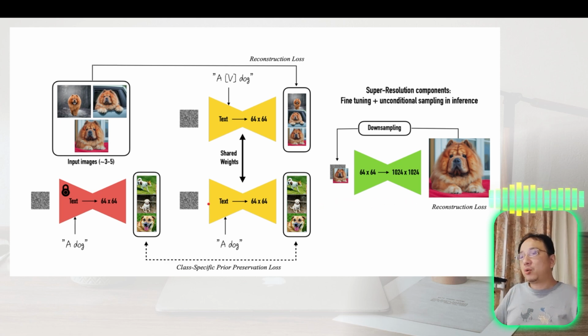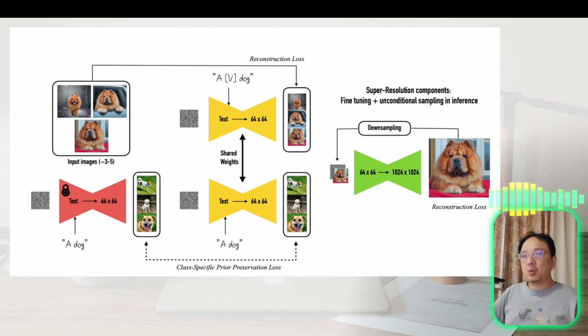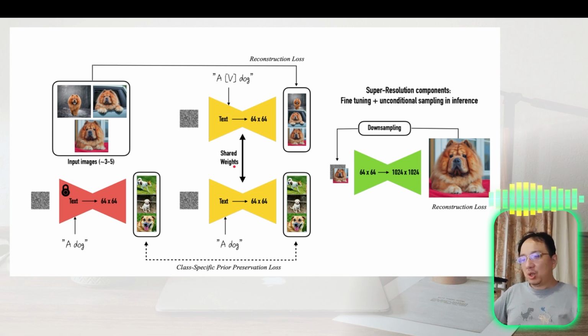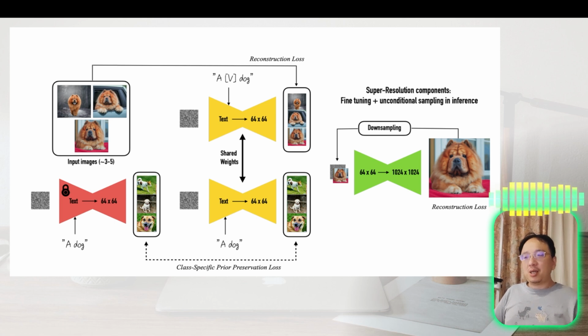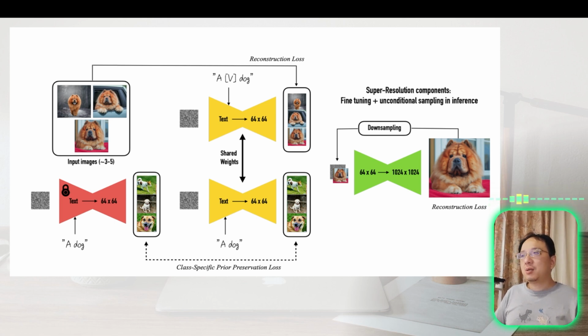So when applying to Stable Diffusion, we only fine-tune the UNet part. So you may think, okay, why does this even need a name, because it is just fine-tuning. If you think so, you are not alone, because I also think so.